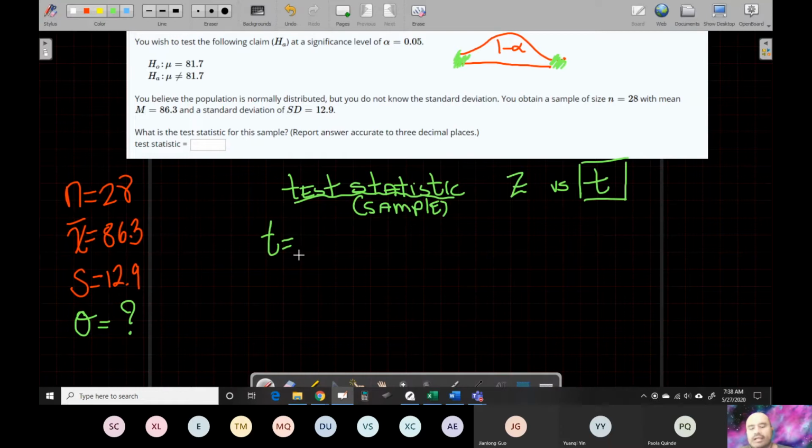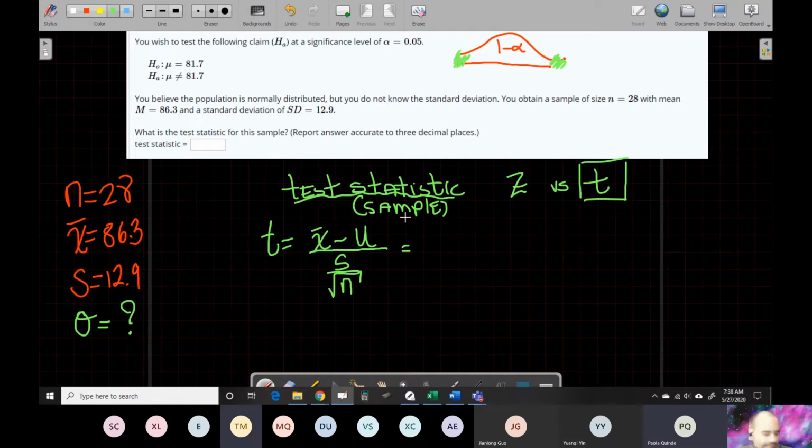Now, we had a formula to find the test statistic. What is the formula? It is X bar minus Mu, divided by the standard deviation over the square root of n, right? So we're going to get that information from the sample, that's why it's called sample.